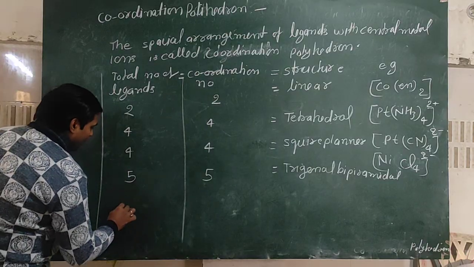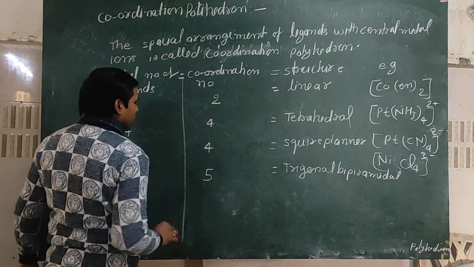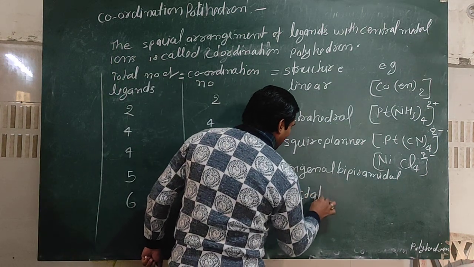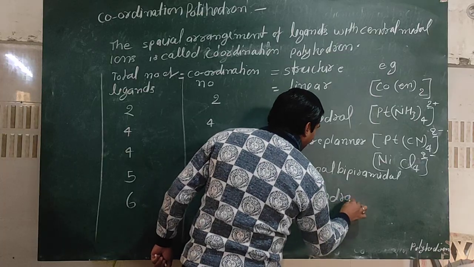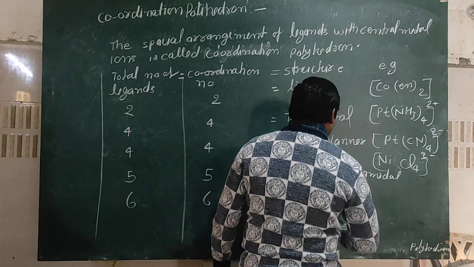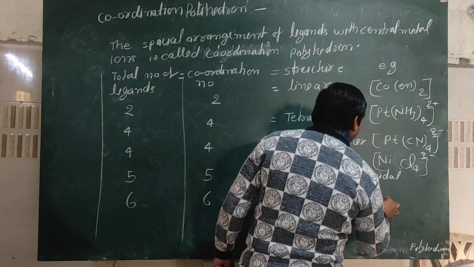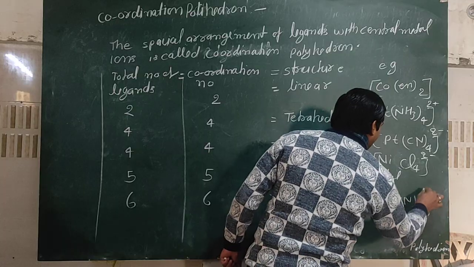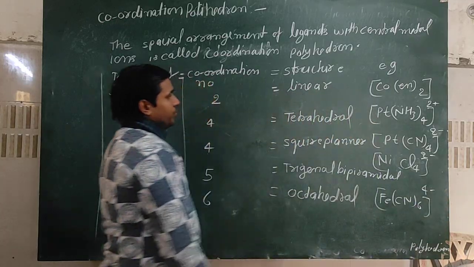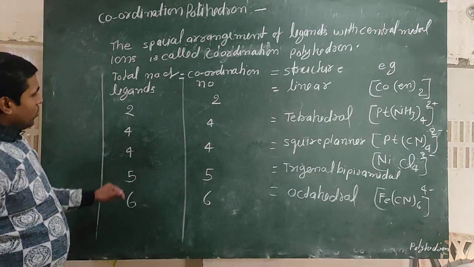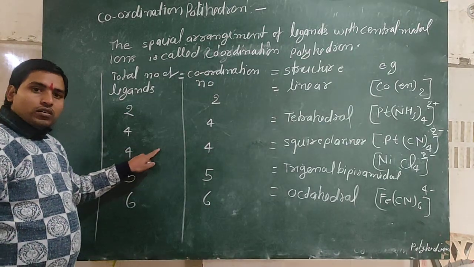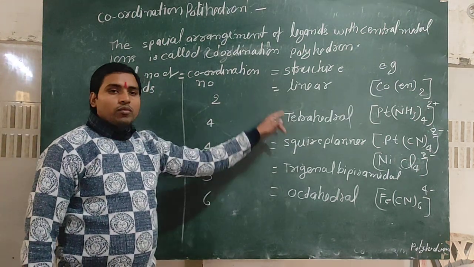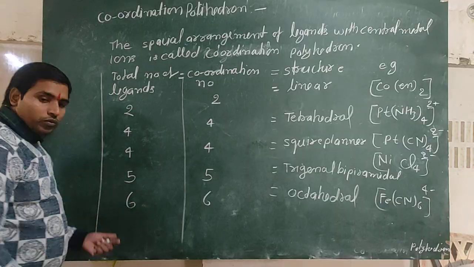Similarly, if any complex has 6 ligands, then its coordination number is also equal to 6, and it shows octahedral arrangement of the complexes, like [Fe(CN)6]4-. The metal ligand attachment in the space gives an idea about this type of geometry which is present in complex compound.